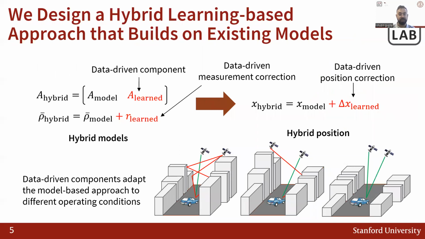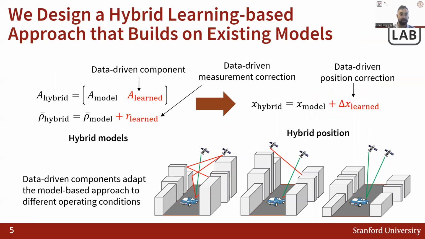So in this work, we design a hybrid learning-based approach that builds on existing models that are utilized in model-based approaches. Instead of learning the measurement structure from scratch, our approach starts from the geometry matrix and models of the expected measurements and augments them with components and corrections that are learned using data.